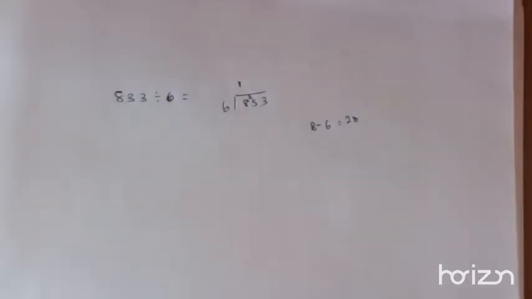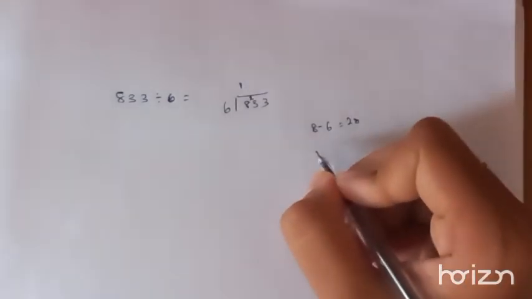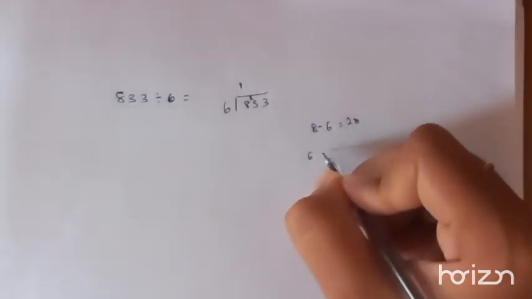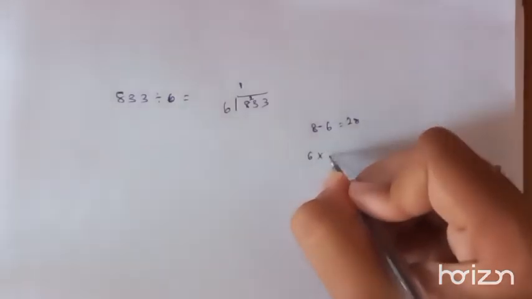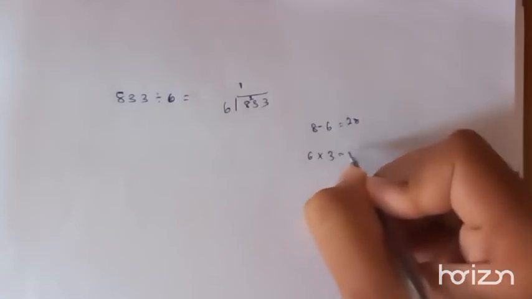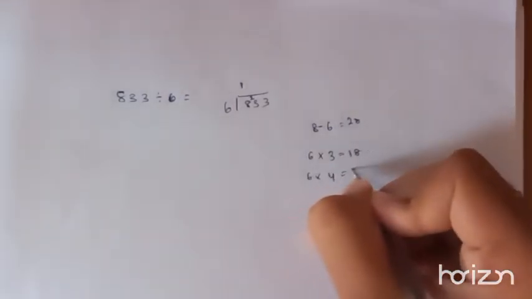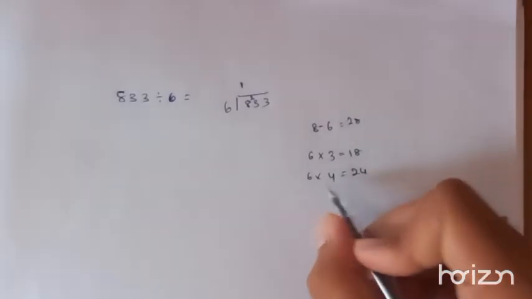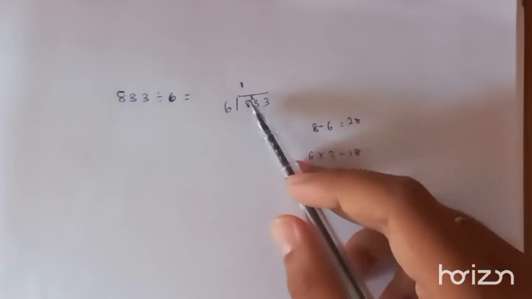Now I'm going to see how many 6s go into 23. I know 6 times 3 is 18, and 6 times 4 is 24. If it goes to 6 times 4, then it's more than the 23 that we have set here.